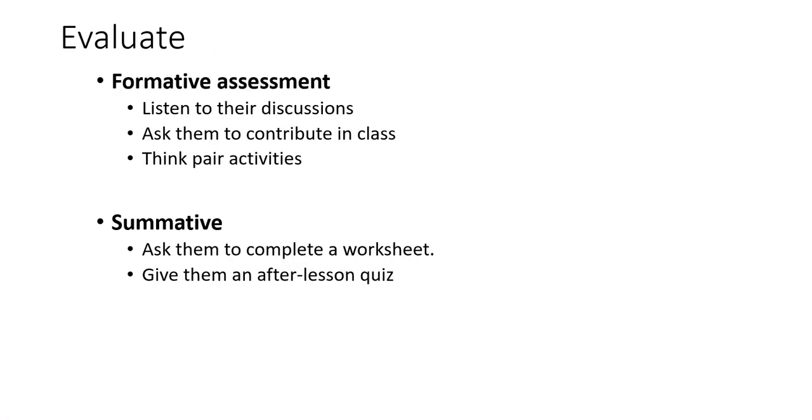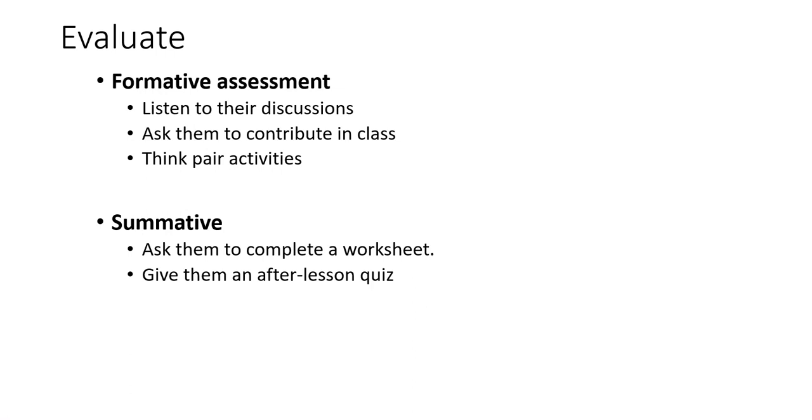So the last part is evaluate. Now, when we talk about evaluate, you are looking at two types of evaluations, or two types of assessments, you are going to give to your students. The first one is formative assessment. Formative assessment happens throughout your lesson.